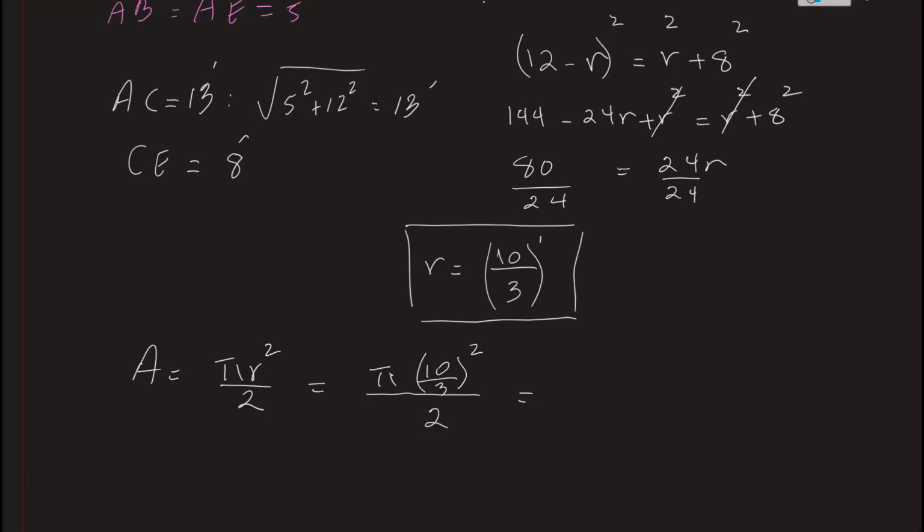Do the math and write it to 2 decimal places. It will be 17.45 feet squared, because it's the area. So that would be the area of this semicircle.